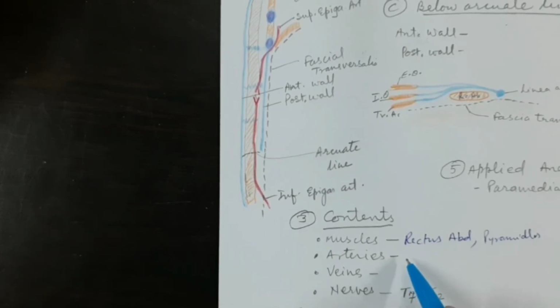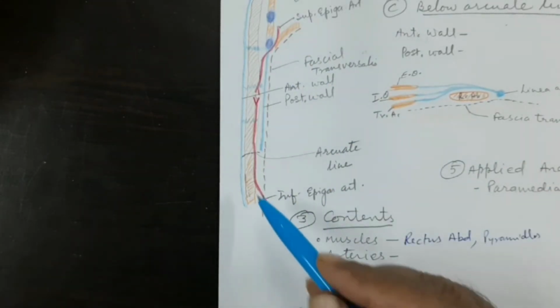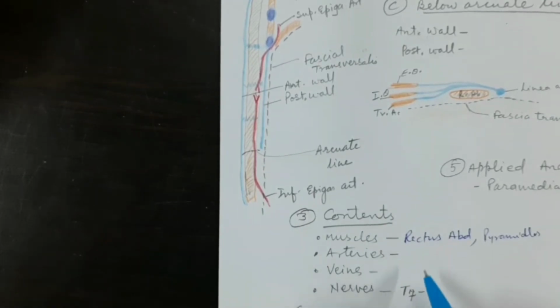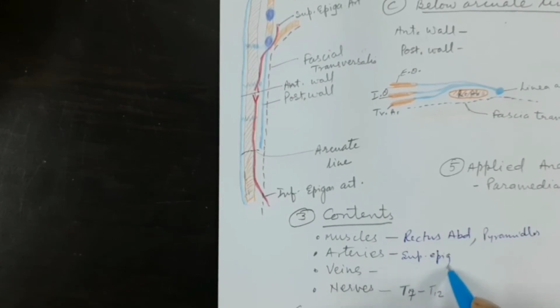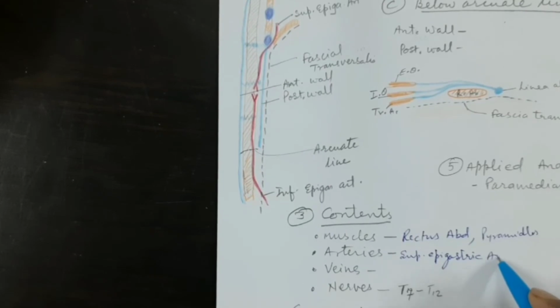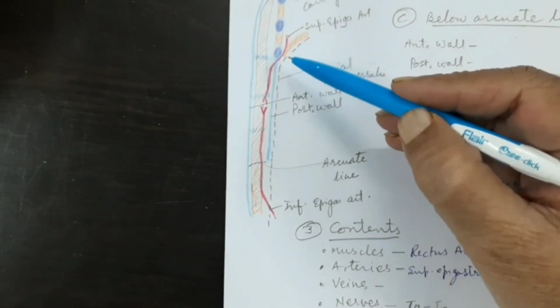One artery comes from above, another artery comes from below within the rectus sheath. So the arteries are the superior epigastric artery, and this is that artery.